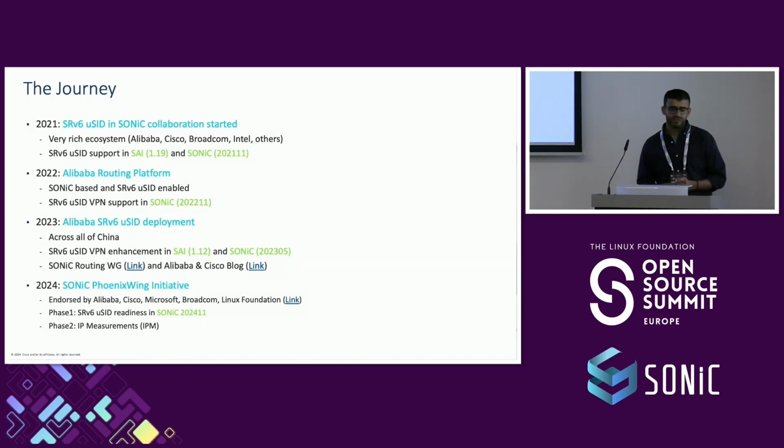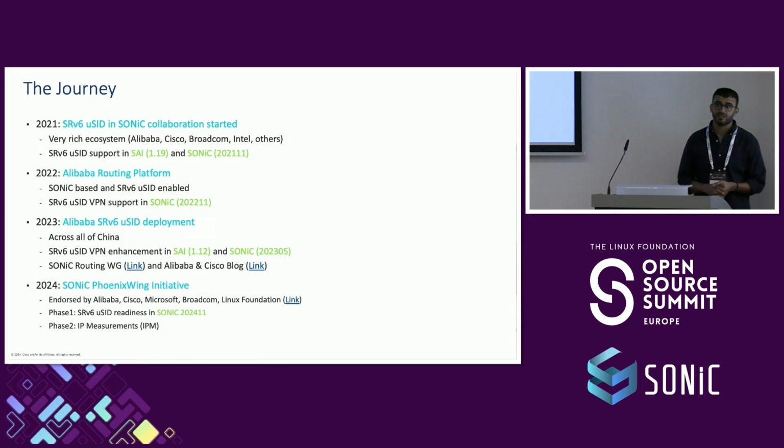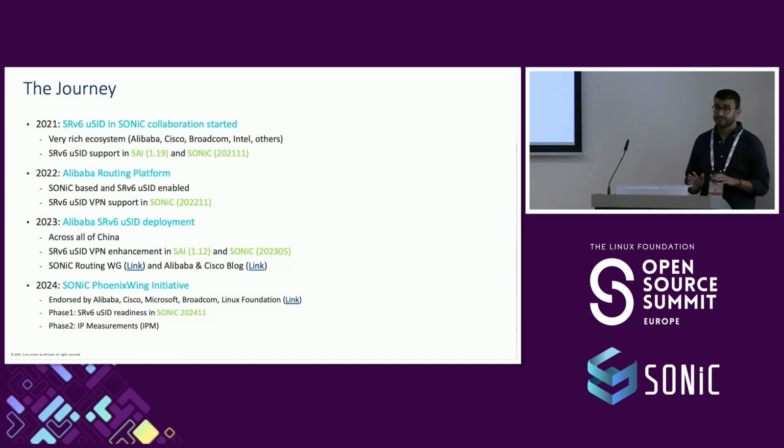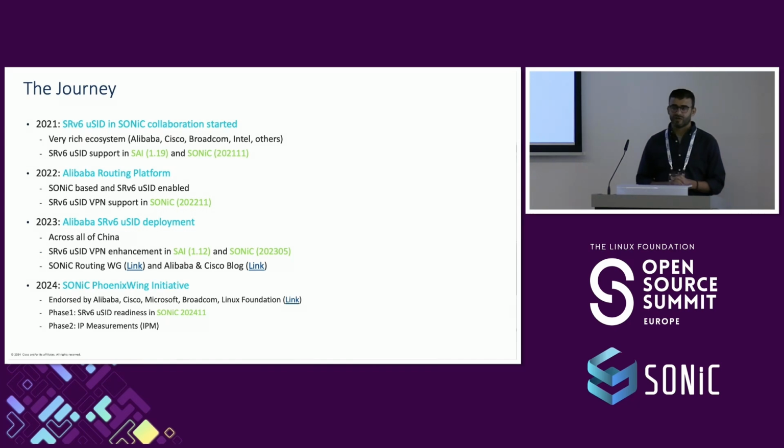In 2021, it's the year when we started the collaboration on SRv6 with Alibaba. So Cisco and Alibaba started the collaboration to bring SRv6 microSID in SONiC with many other key players in the industry. In the same year, we got SRv6 support in SAI and SONiC. Then 1 year later, in 2022, Alibaba announced their Alibaba routing platform.